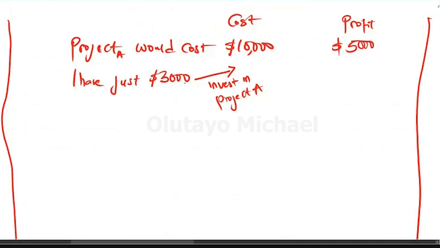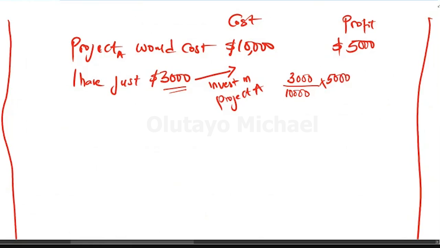But since I do not have $10,000, and the profit on project A is $5,000, and I only have $3,000, portfolio theory assumes that I can invest $3,000, which is a proportion of the $10,000 cost, and get the same proportion of the $5,000 profit, which gives me $1,500.